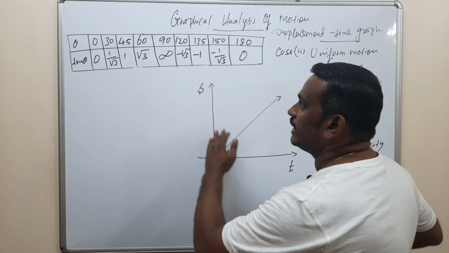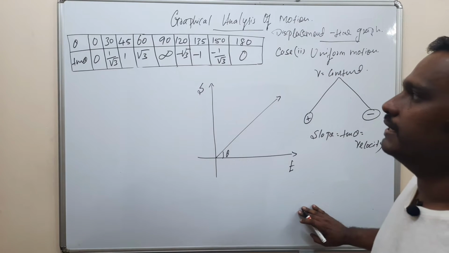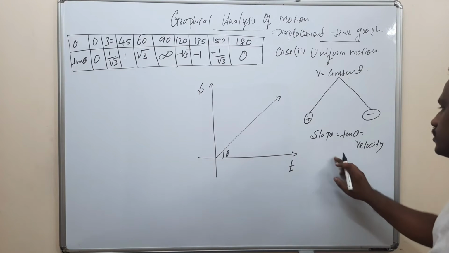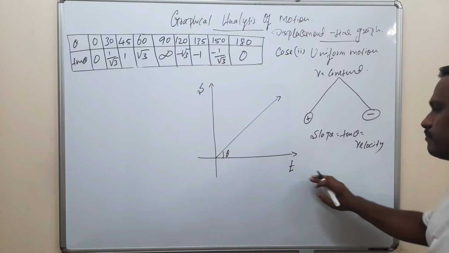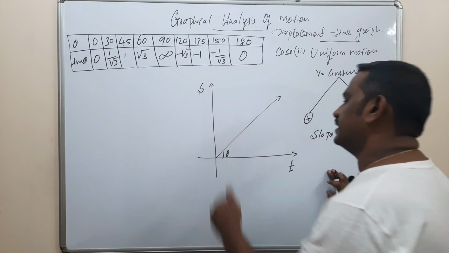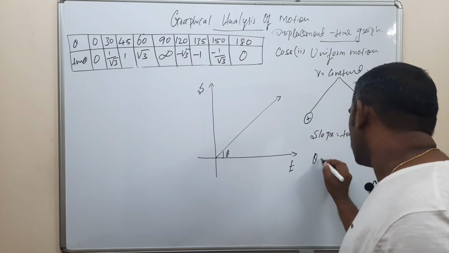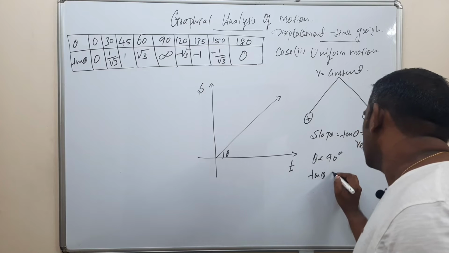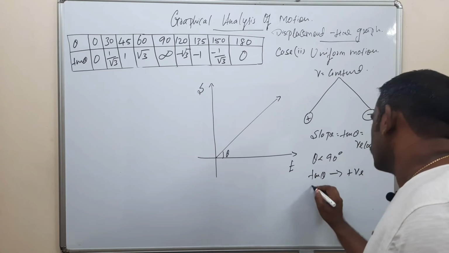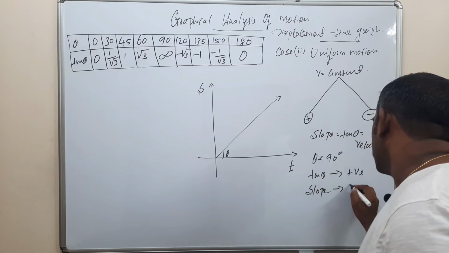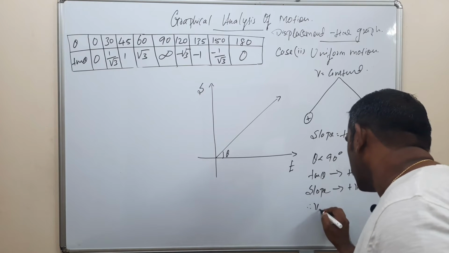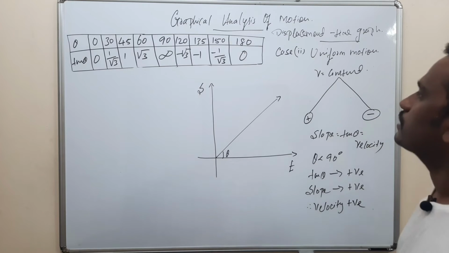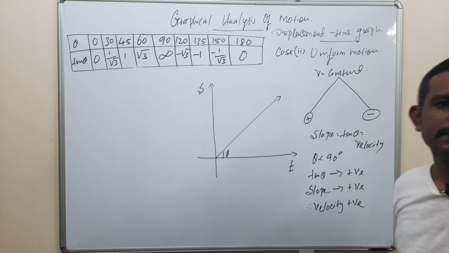So theta is less than 90 degrees. Less than 90 degrees means tan values are positive. So tan theta is positive, therefore slope is positive, therefore velocity is positive.